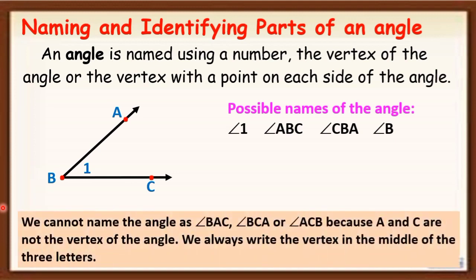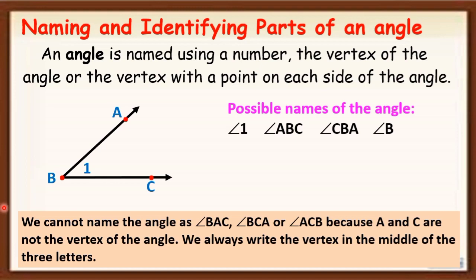But we cannot name the angle as angle BAC or angle BCA or angle ACB because A and C are not the vertex of the angle. We always write the vertex in the middle of the letters. So again, pakitandaang mabuti na kapag nag-name tayo ng angles using 3 letters, dapat yung vertex ay laging nasa gitna.